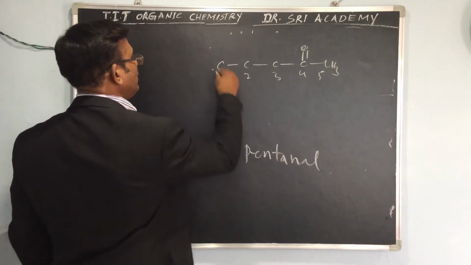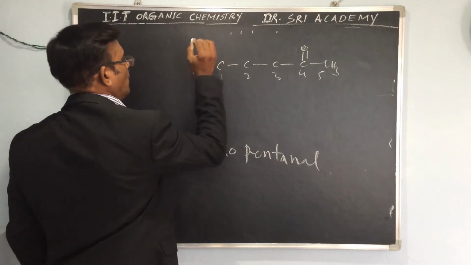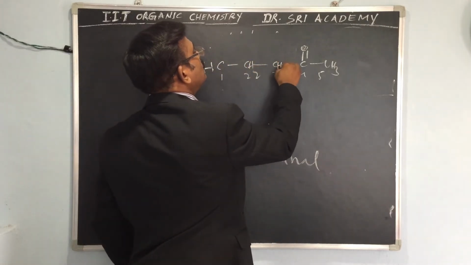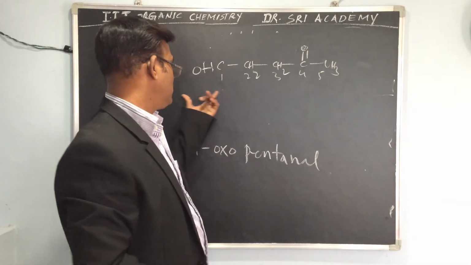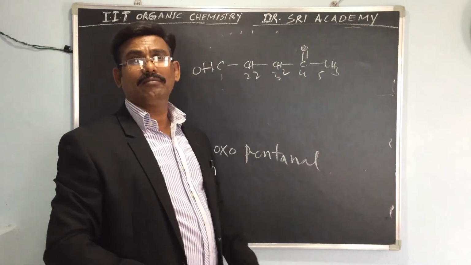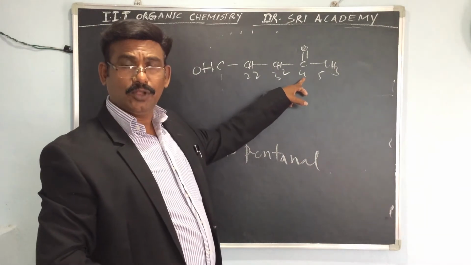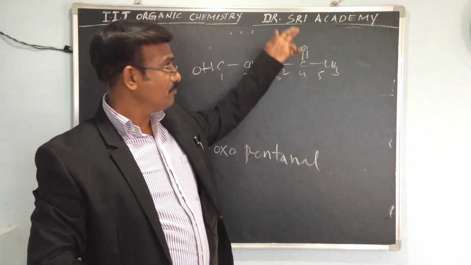Pentanal means the first carbon is CHO, then CH2, CH2, CO, CH3. This is the structure. Don't say ketone, because there is a prefix.